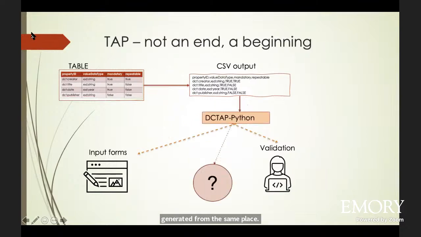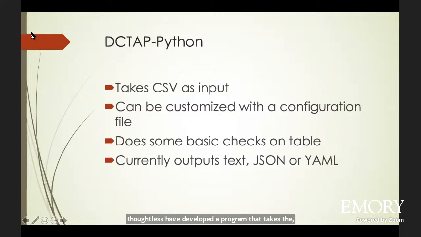So as a proof of concept, the group, and this has been led by Tom Baker and Nishad Thalath, have developed a program that takes the CSV output and does some processing of it. It takes the CSV as input. It can be customized with a configuration file. I'm going to show you that.